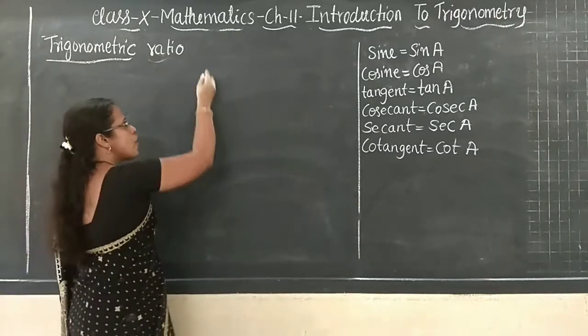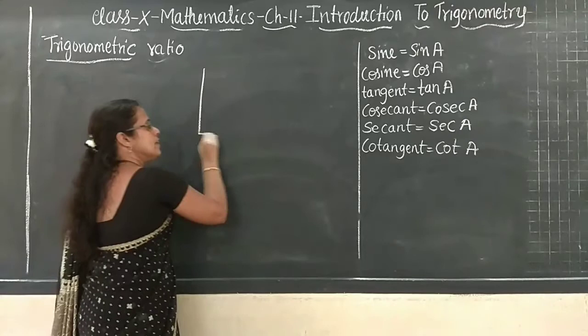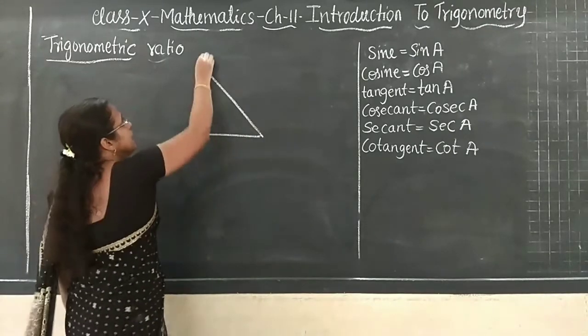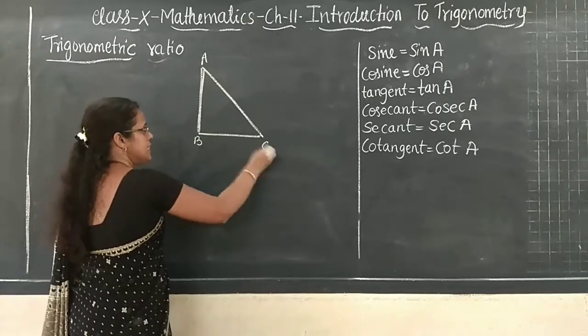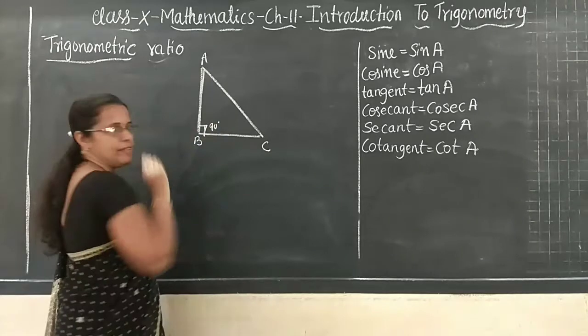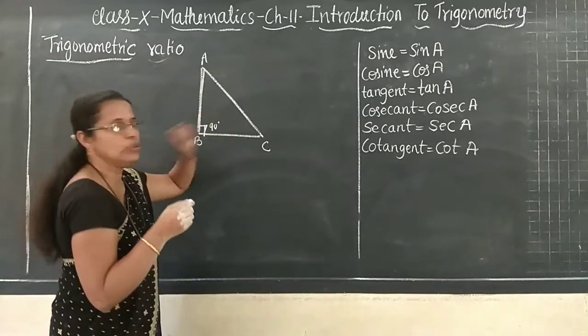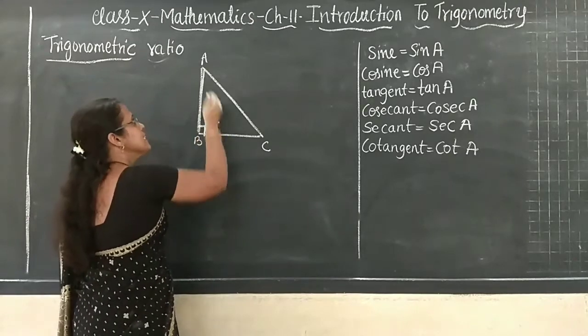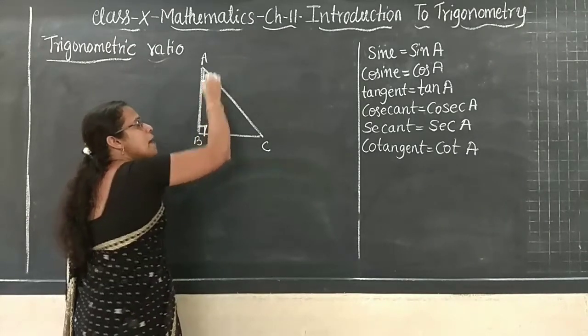Now, first let us draw one right angle triangle A, B, C. Then angle B is 90 degree. These two are acute angles. Now let us take any one angle like this. Angle A, I mark.